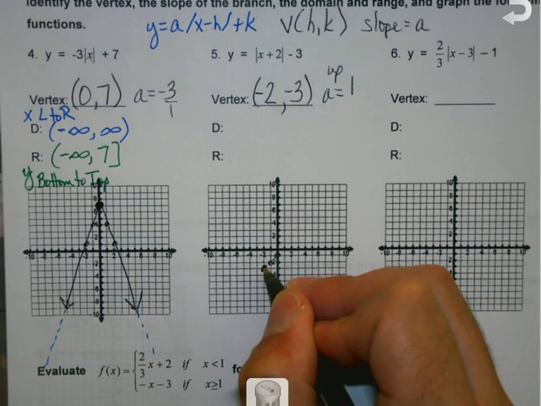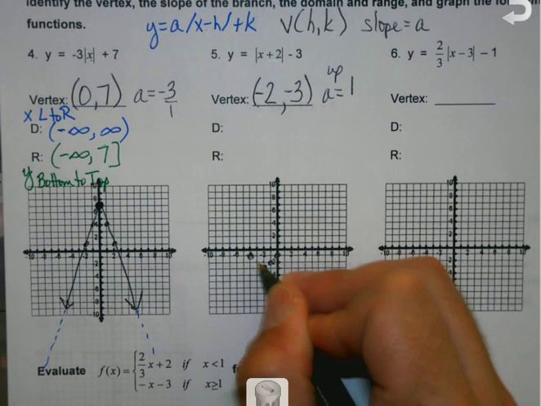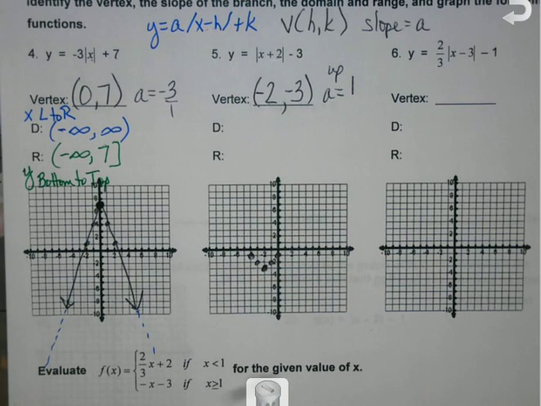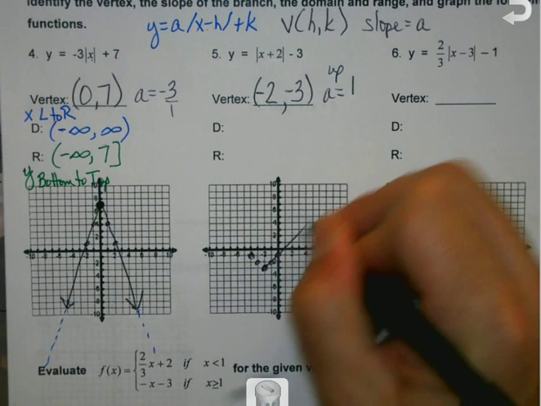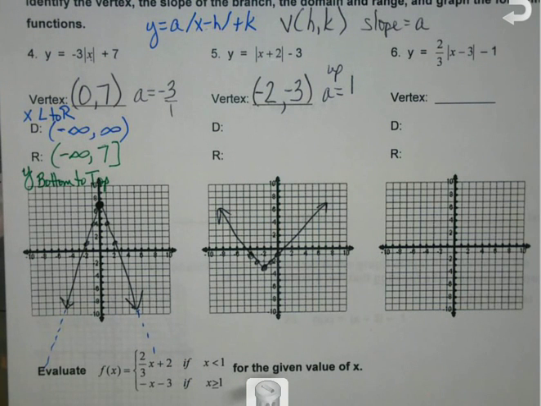And I got to do it both directions, up and left, up and left. Should make a little triangle or a little V shape. And I connect the dots with arrows. Got to have the arrows. But this is the part where, as I'm getting to the second one and the third one, it should start getting a little bit easier.